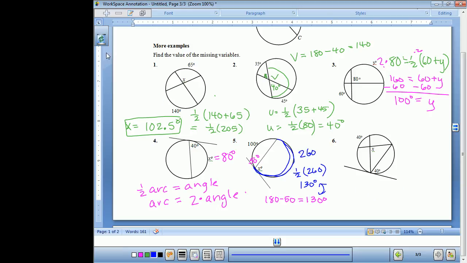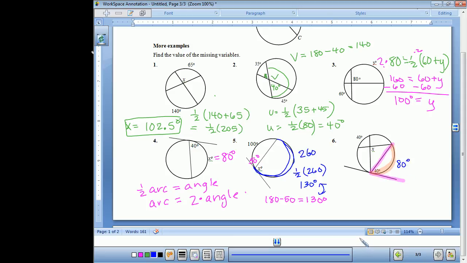Okay, now this one makes you think in 2 steps. The first step is to realize that this is an angle on the circle formed by a chord and a tangent. So if this is 40, this intercepted arc would have to be double that, or 80.